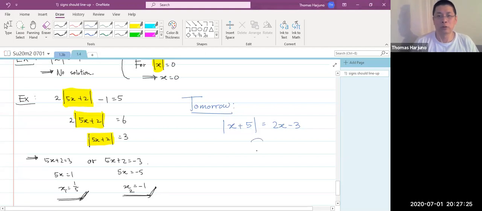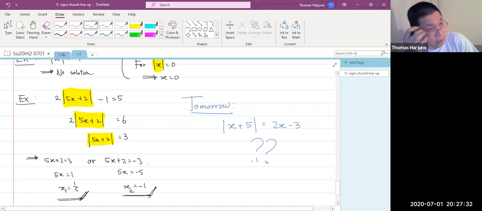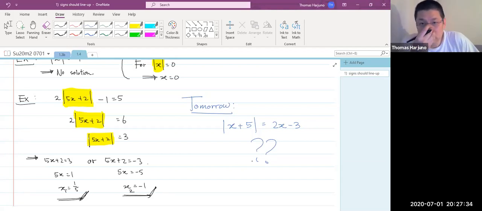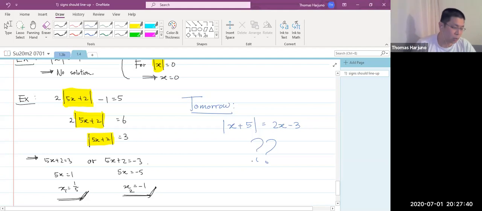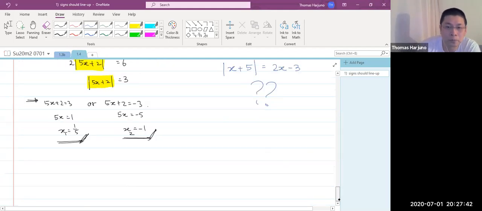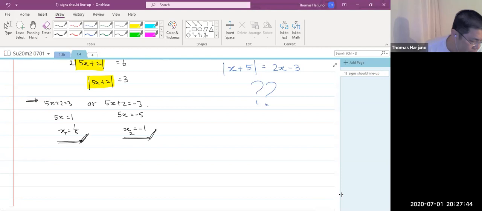That's what we will do tomorrow. There are more things to say in that case. Okay, that's for absolute value. I'm about to go into radical equations.